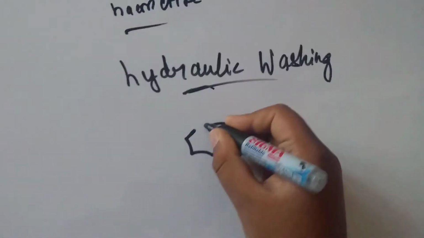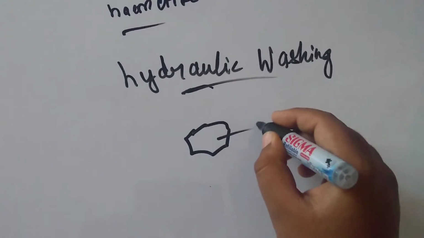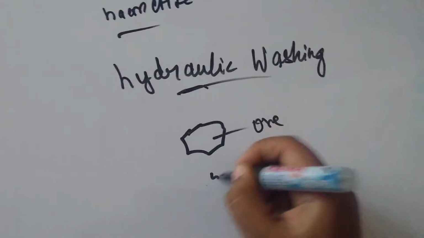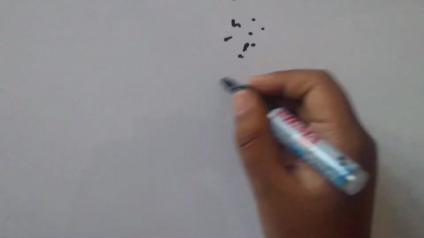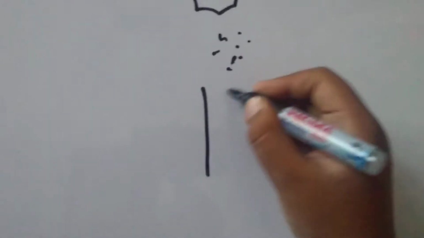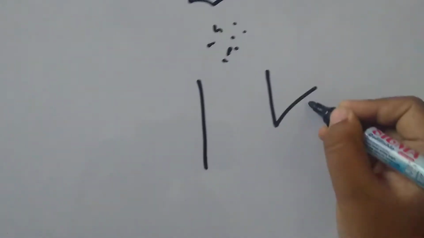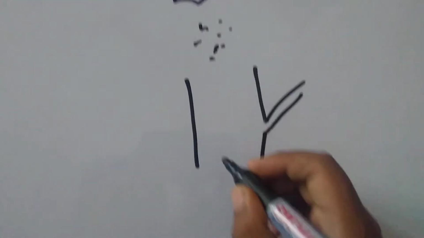In hydraulic washing, the hematite ore, assume this is a hematite ore, is crushed and fed into a tank-like structure with an opening.